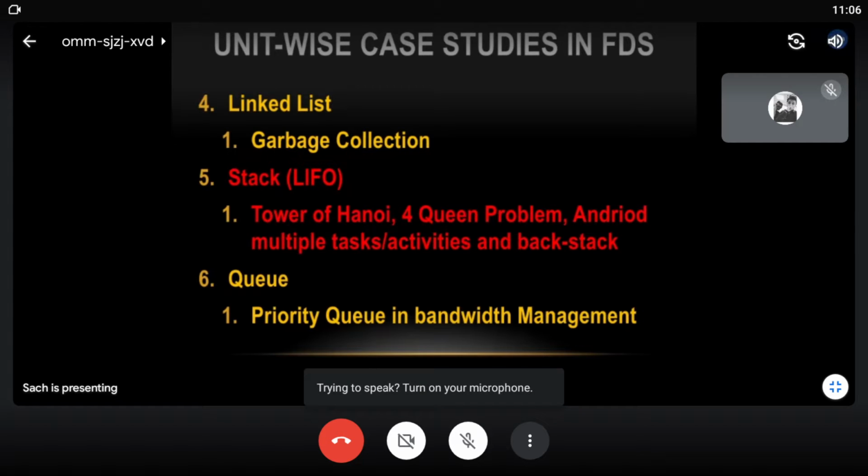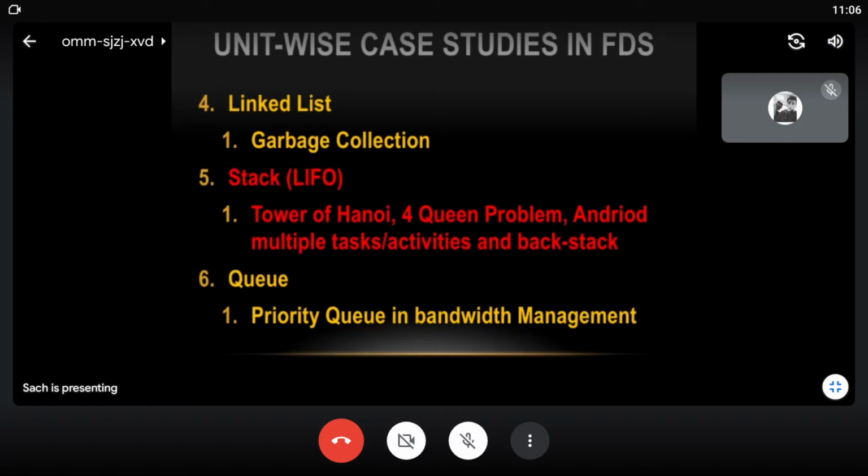Whereas in unit 5 we have LIFO, that is last in first out stack. In that we have studies related to a simple game, that is Tower of Hanoi, and the 4 queen problem, where we have to arrange the 4 queens in such a way that they will not attack each other.